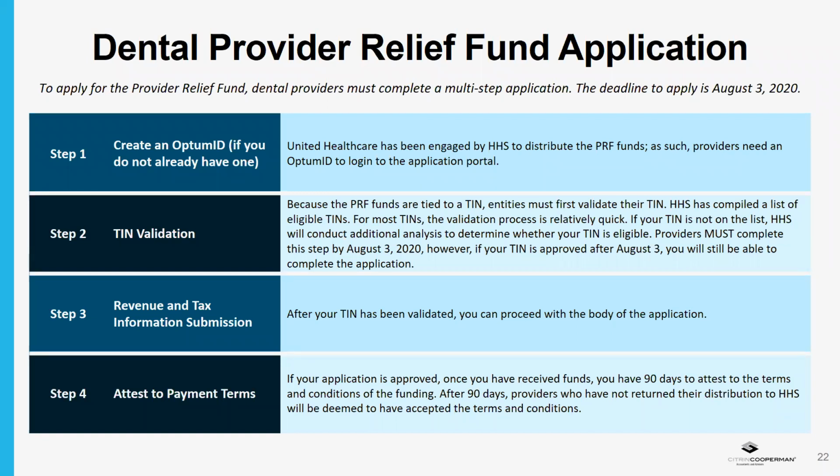Some of the documentation, again, would include your most recent federal income tax return, whether you're using 17, 18, or 19. They would want your employer's quarterly federal tax return, which is IRS Form 941 for reporting payroll for the first quarter of 2020.